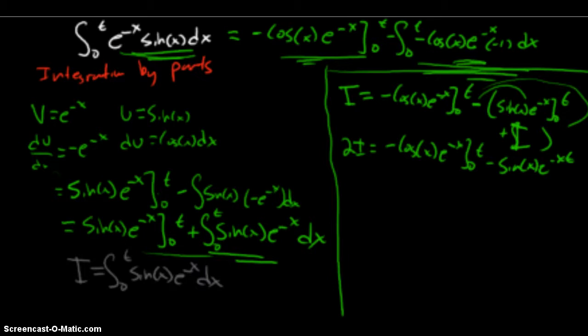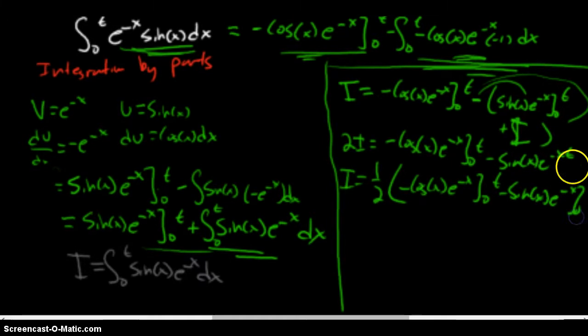So that implies I is equal to 1/2 of minus cos x e to the minus x from 0 to t minus sine x e to the minus x from 0 to t.